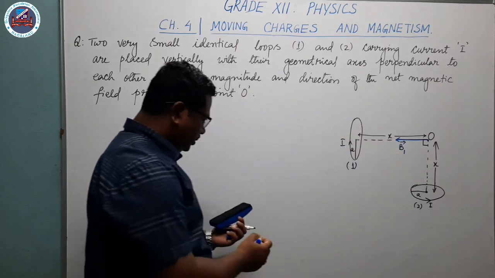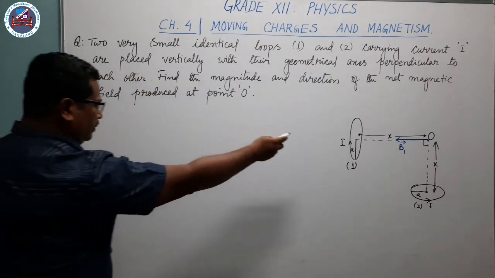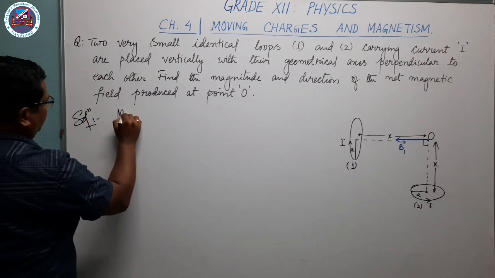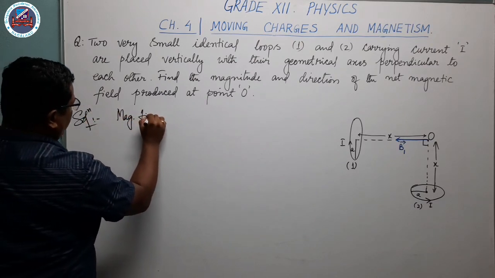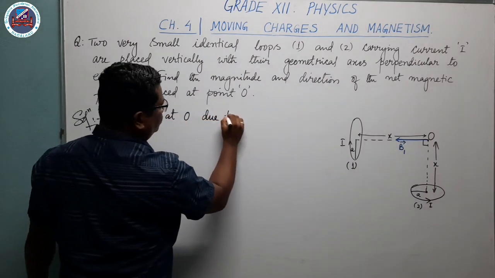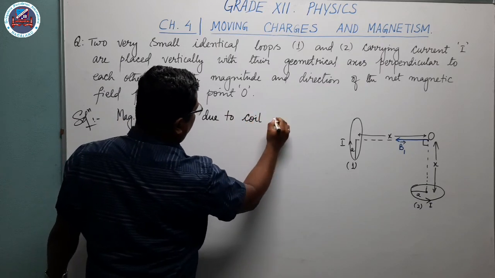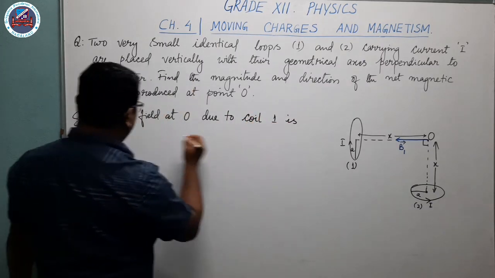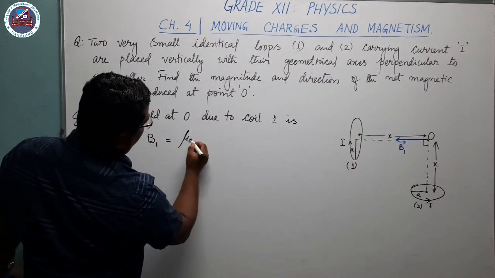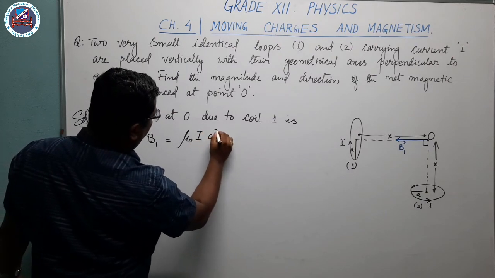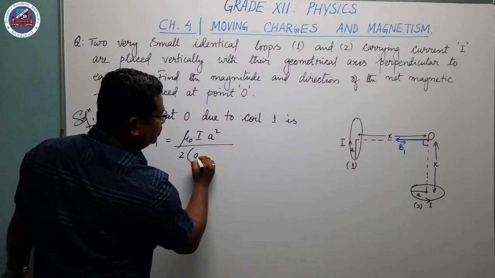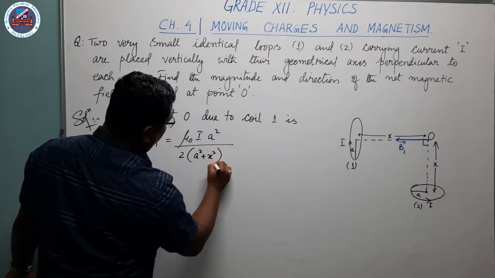So using Biot-Savart's law, let us write down the magnitude of B1. Solution: the magnetic field at O due to coil 1, let us write it as B1. B1 is equal to mu naught I a square divided by 2 times (a square plus x square) to the power 3 by 2.